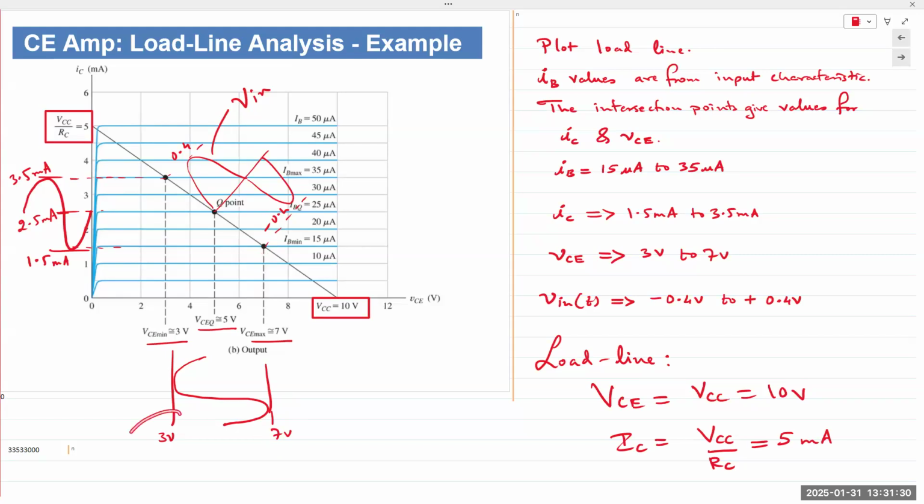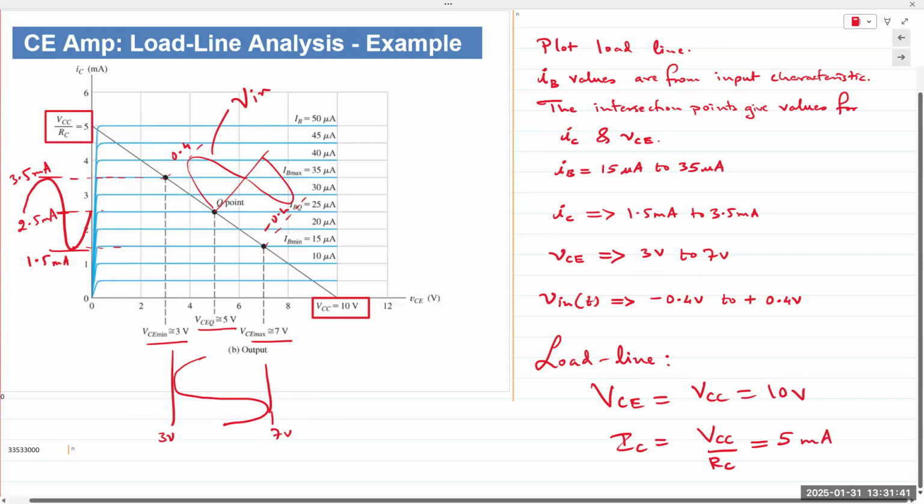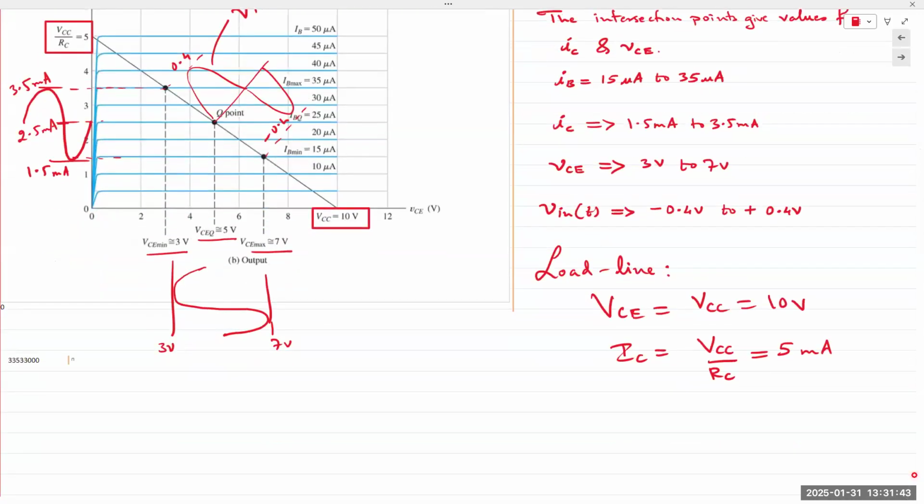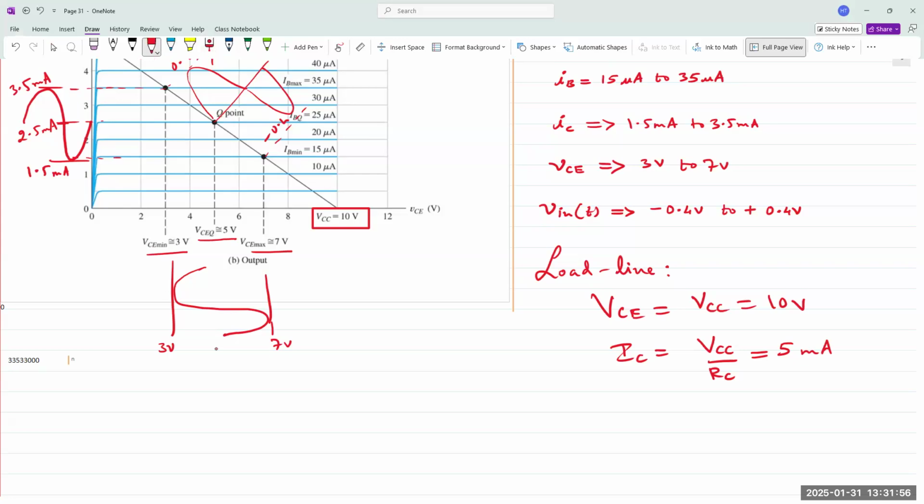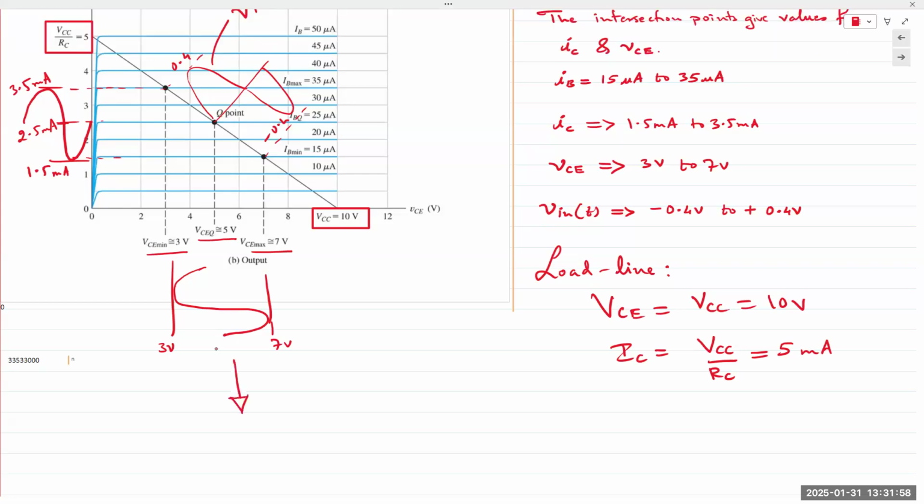So the output voltage is flipped with reference to the input voltage. It's amplified, going from 3 to 7 volts, but it is 180 degrees out of phase. The minimum value of V in gives us the maximum value of the output. So it is 180 degrees out of phase.